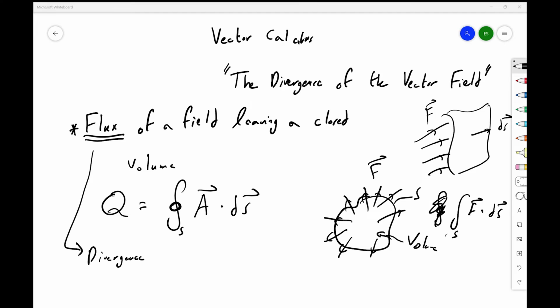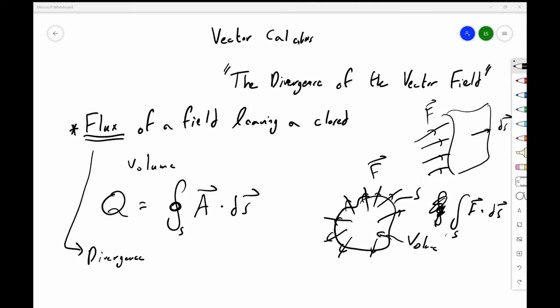Right. So this is the idea of flux. How does flux tie to divergence? Flux is a macro thing. We need to imagine what happens if I do the same calculation at a very, very small region of space, meaning I take the limit as the volume of space goes to almost zero.